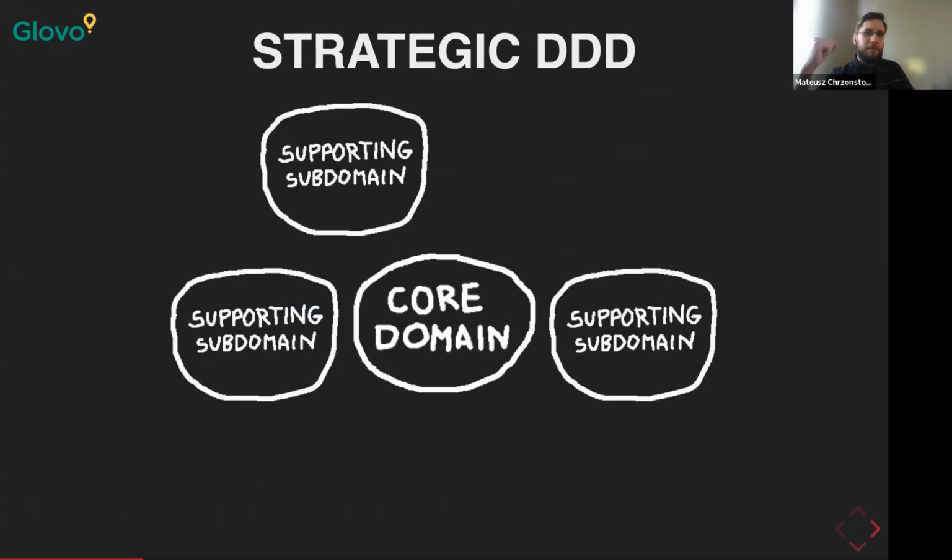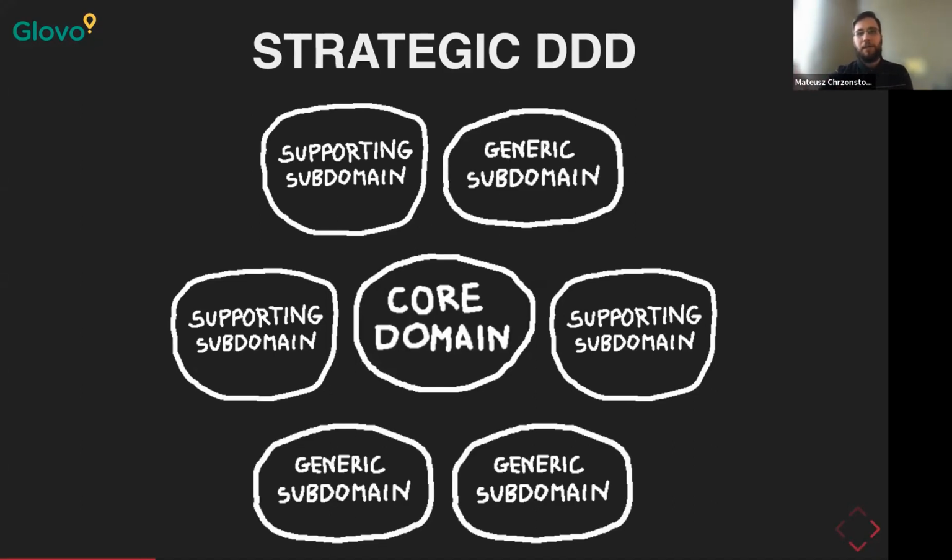Around this, you have a couple of supporting subdomains. So these are also things needed to transfer your users into core domain where you earn a lot of money, but those parts are not as crucial as the core one. And then around this, there are even more helping domains, which are called sometimes generic subdomains. And here the perfect example would be the authentication mechanism. You usually don't write this on your own, with your own workforce.